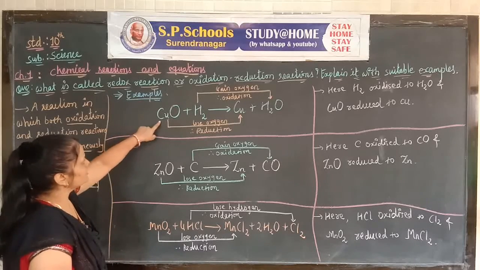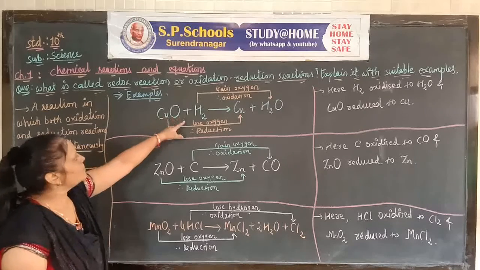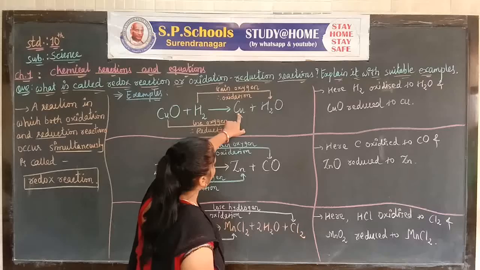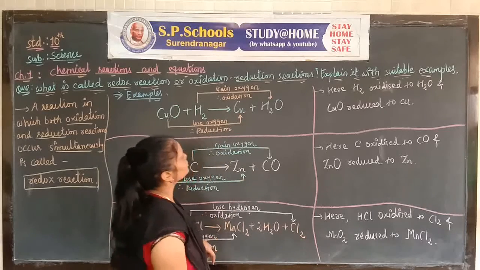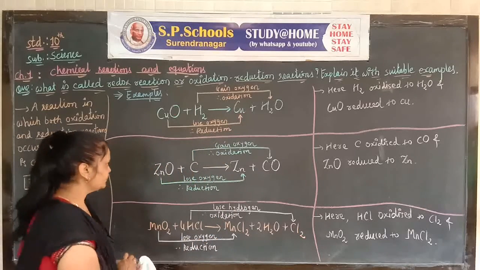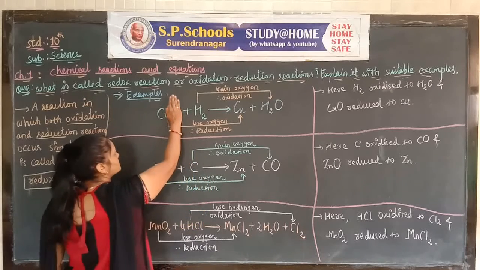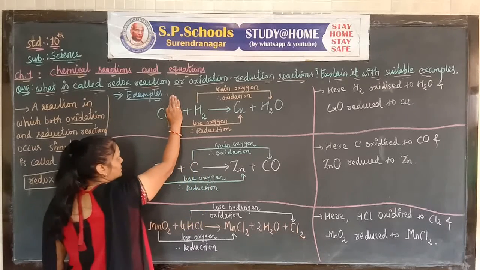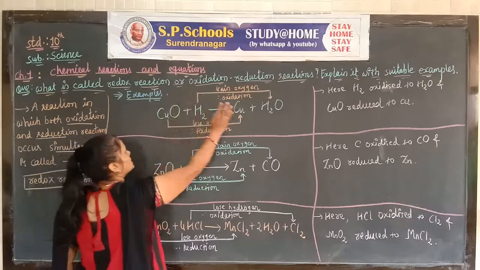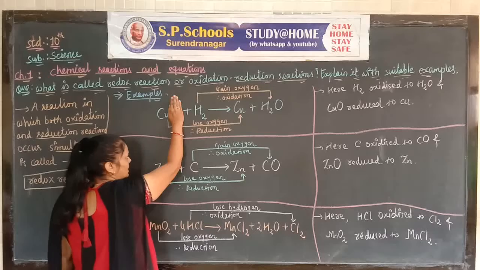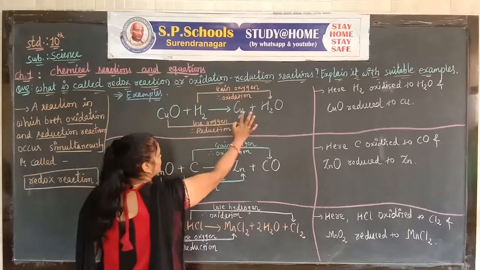First is CuO combined with hydrogen H2 to form Cu plus H2O. Here copper oxide loses its oxygen and forms Cu.